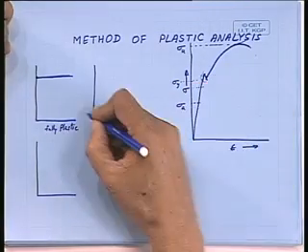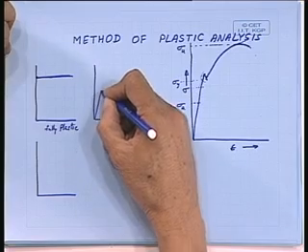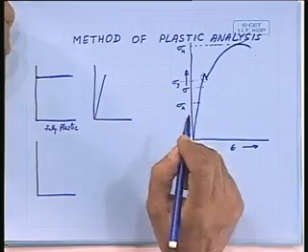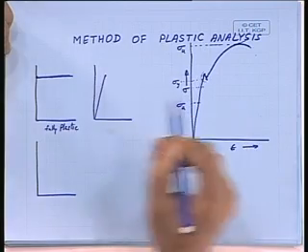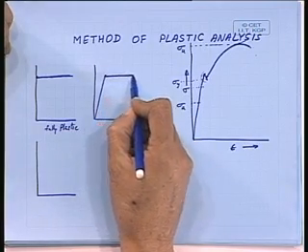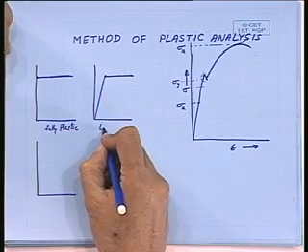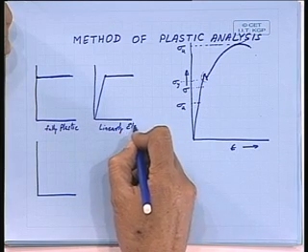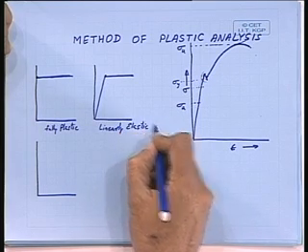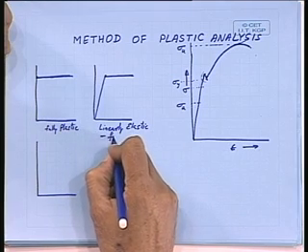Otherwise, you follow this nature. It is elastic as you get it, and once you come to this yield point stress, you assume it to be fully plastic. So we say linearly elastic and fully plastic.